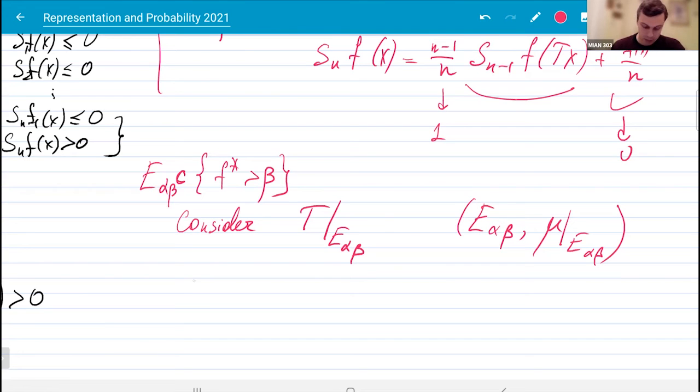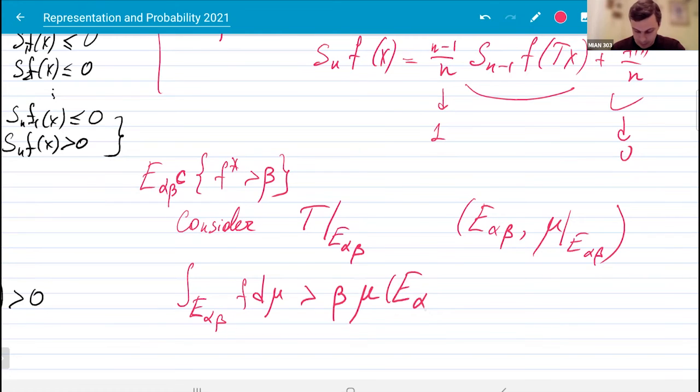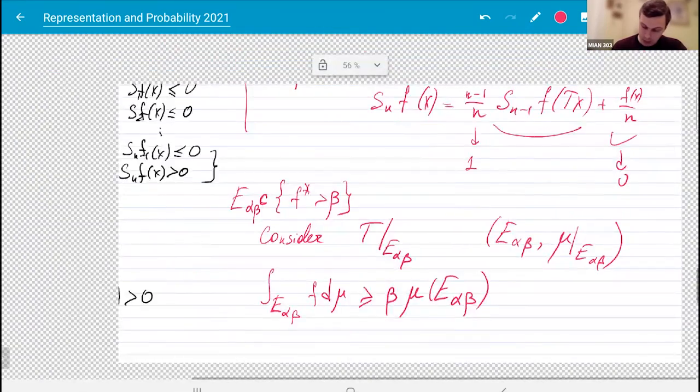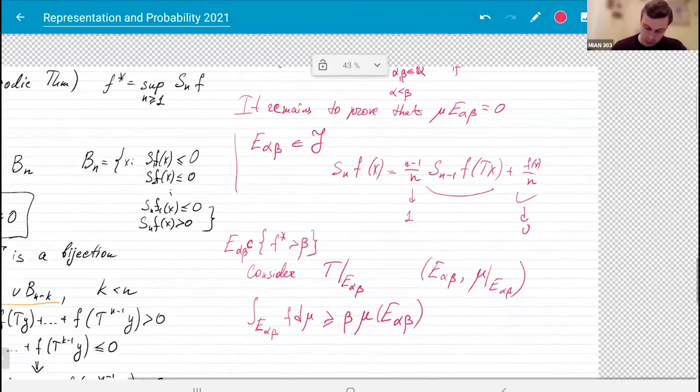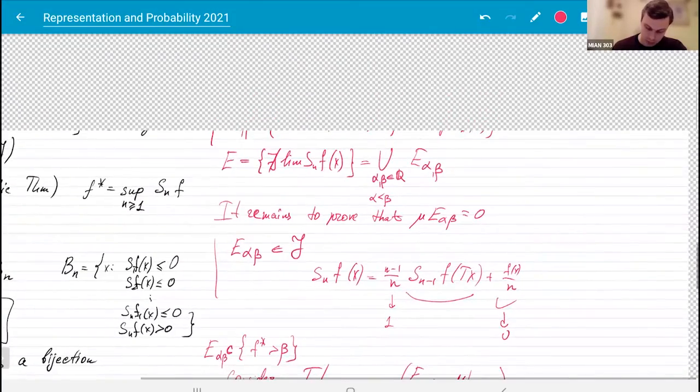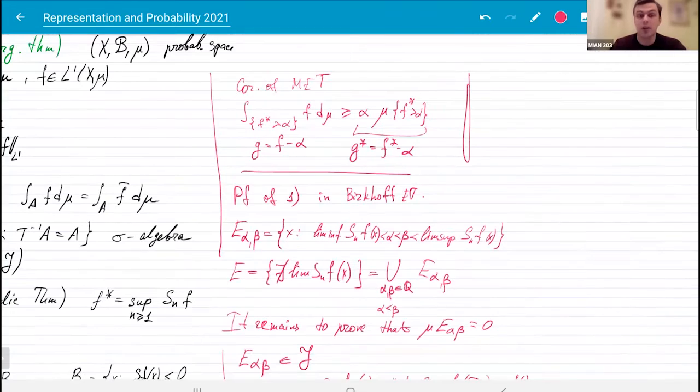So what we have is the following. This one. Well, this is just this corollary for beta instead of alpha.